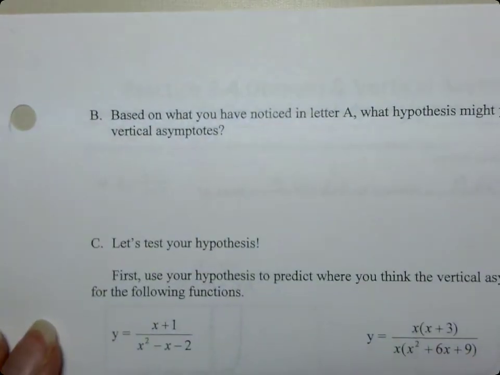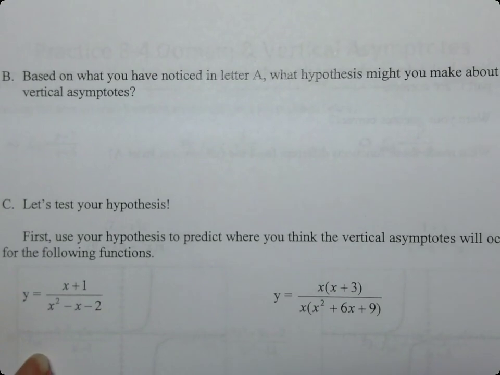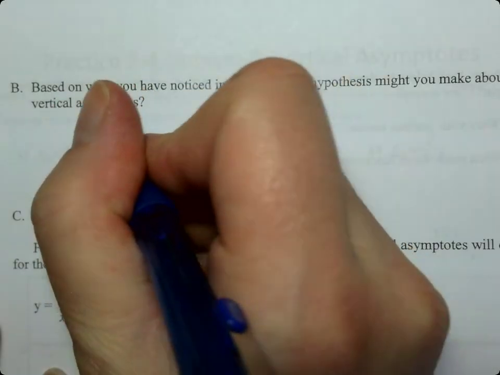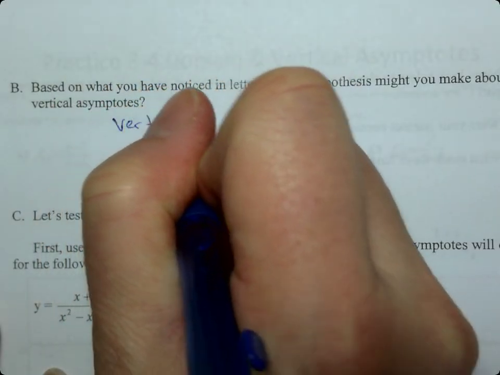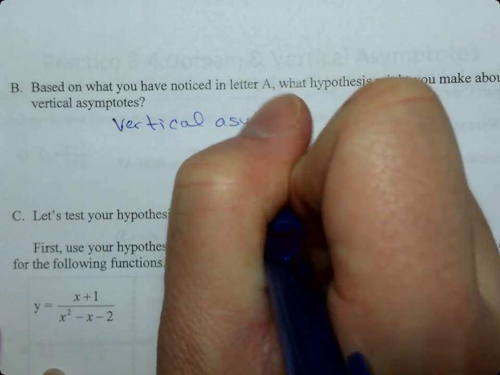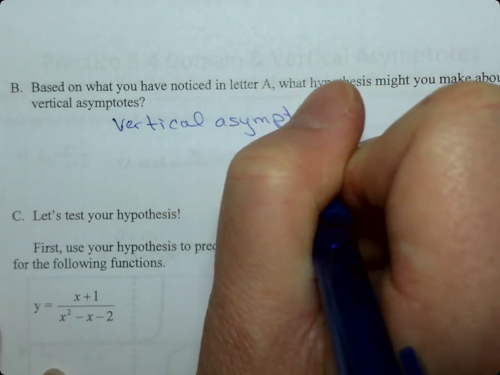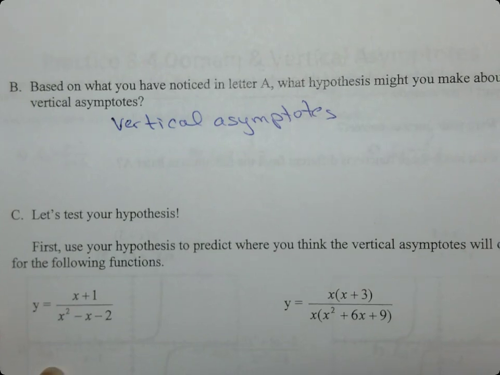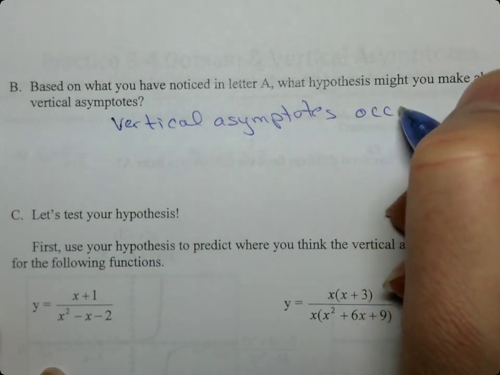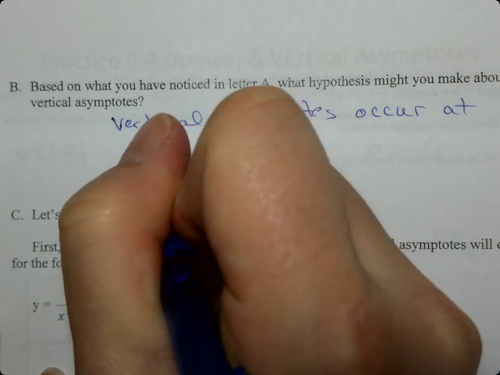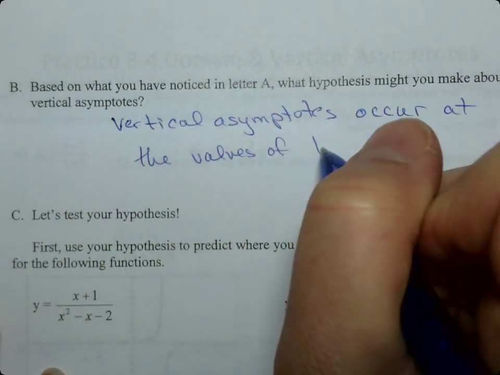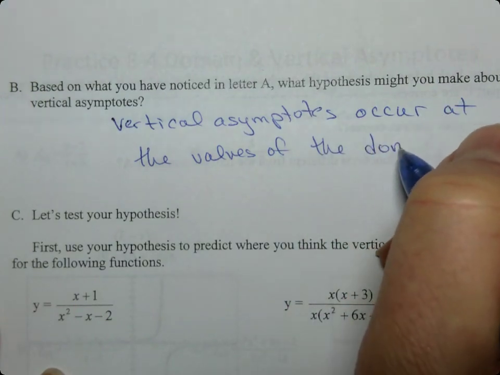So let's write down what we just sort of made a hypothesis about. Vertical asymptotes occur where there's domain restrictions, occur at the values of the domain restrictions.